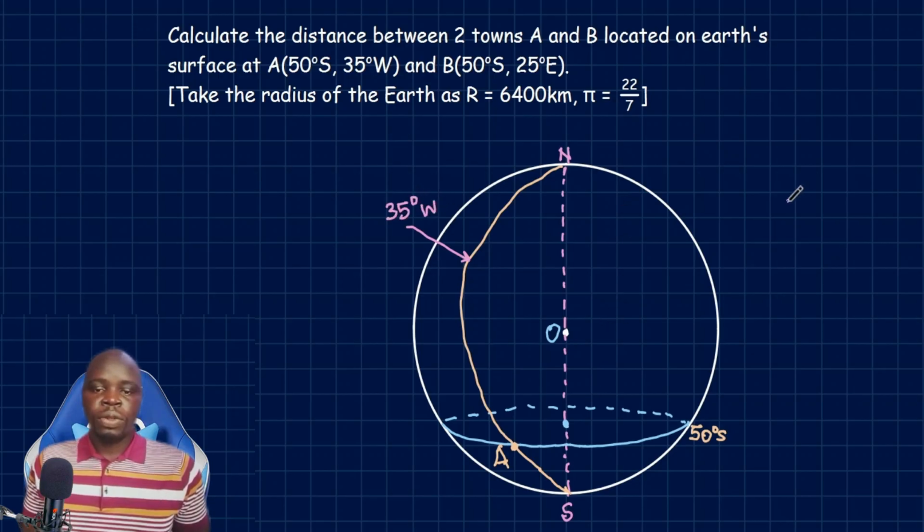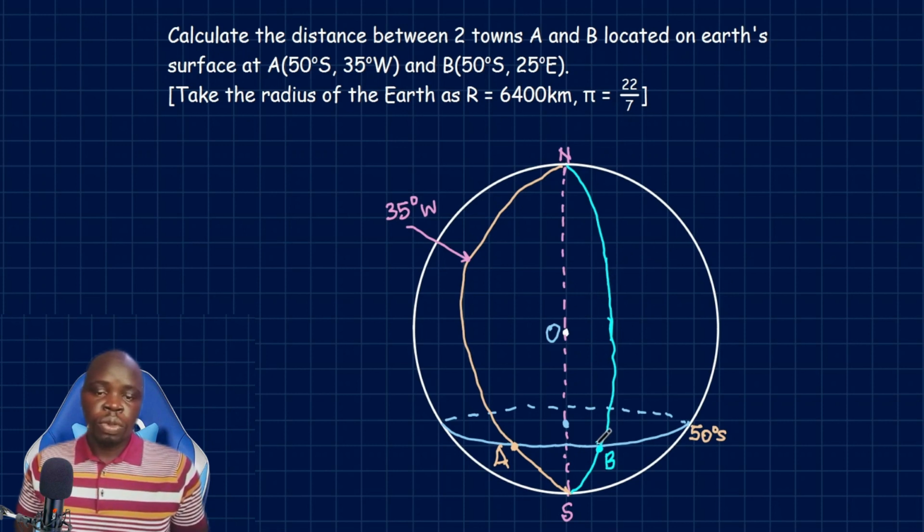Now let's also locate the next one in the eastern hemisphere, and that is 25 degrees east from this origin. So it should be closer to this point than the other, because 25 is less than 35. The diagram is not smooth, but at least you get the point.